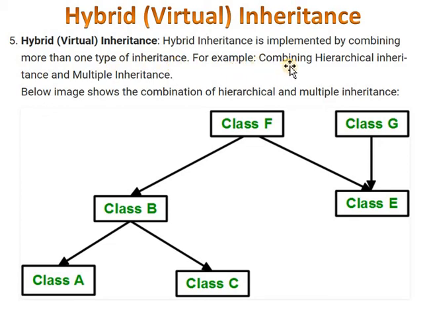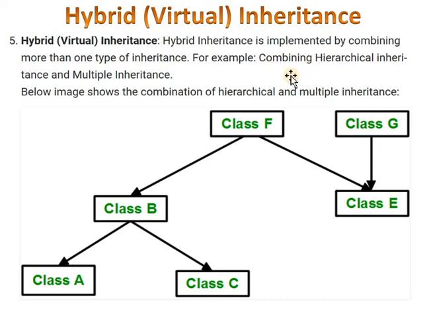For example, combining hierarchical inheritance and multiple inheritance. Hybrid inheritance is a combination of more than one type of inheritance. Hybrid means combination. So, hybrid inheritance contains more than one type of inheritance in a single definition.